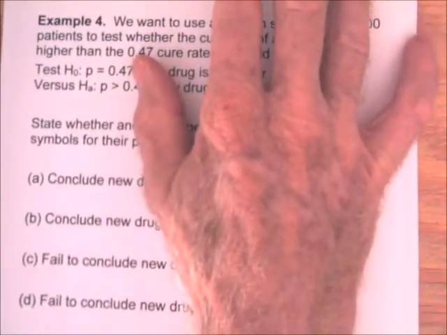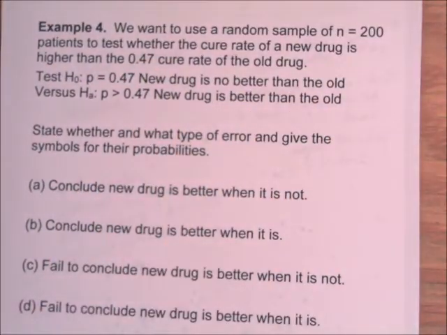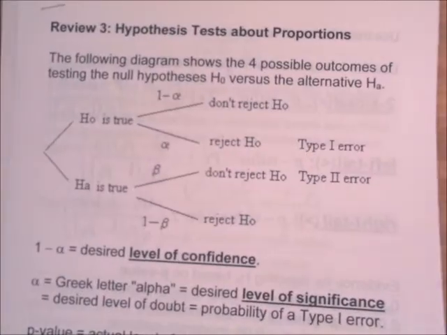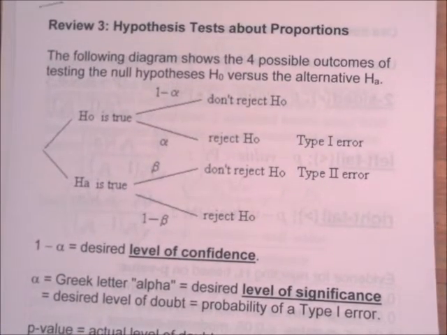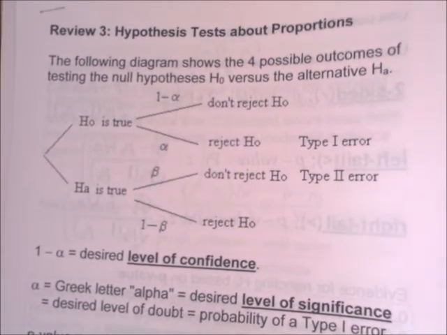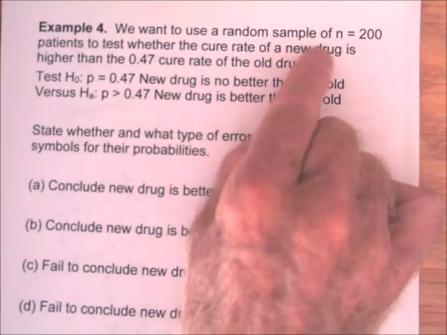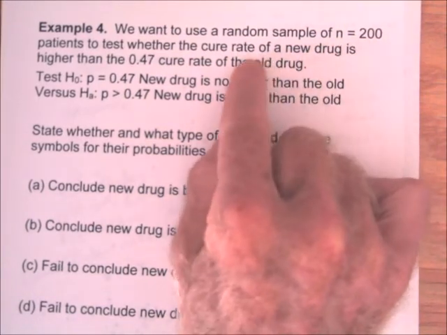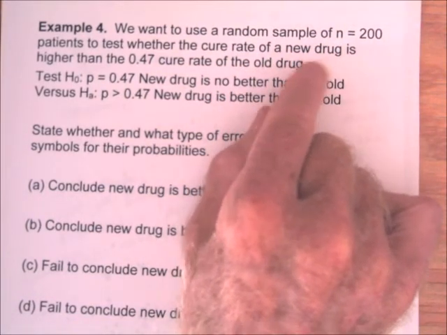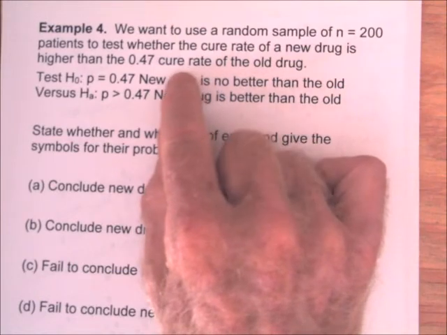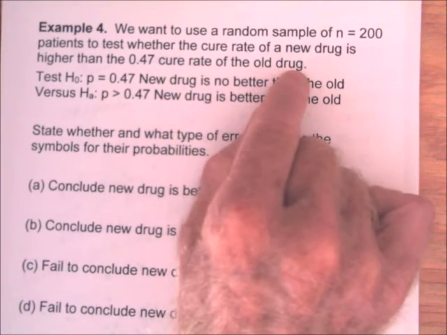Okay, so I want to go over some of the terminology here. I mentioned some of the terminology at the beginning, but I would like to go over it in the context of a particular example. So in this example, we have a random sample of n equal 200 patients to determine the cure rate of a new drug, whether it's higher than the 0.47 cure rate of the old drug.